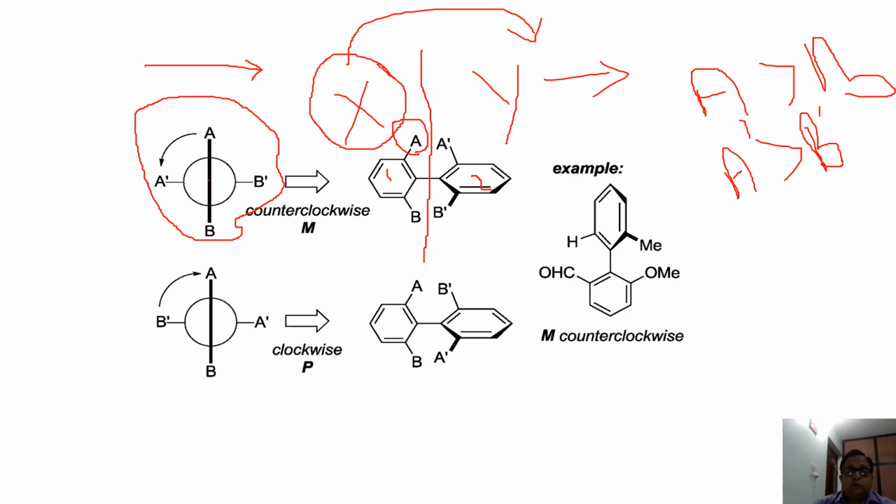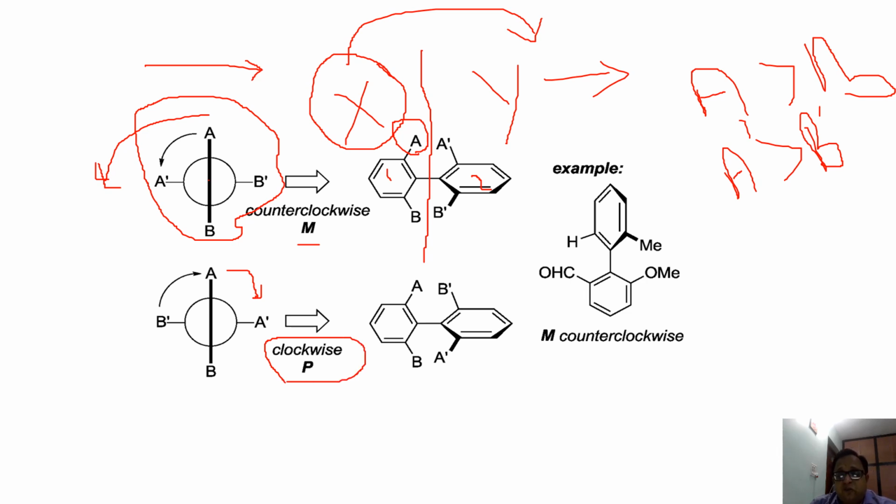Now the viewer is moving from A to A prime in the counterclockwise direction, so this structure will be assigned the configuration M. If the viewer is moving in the clockwise direction, the configuration is assigned the symbol P.